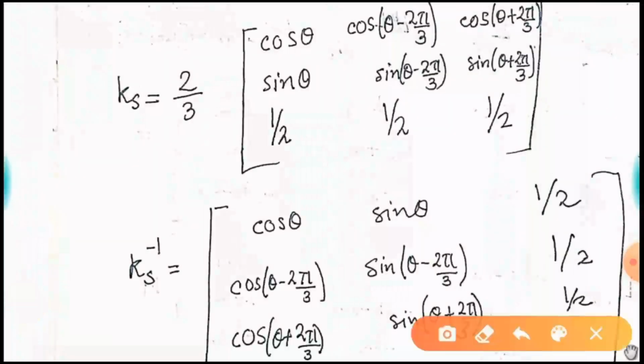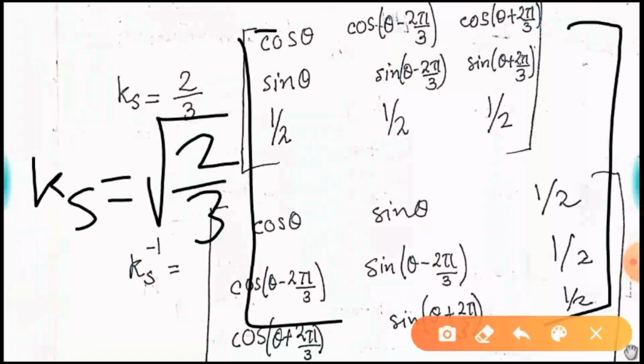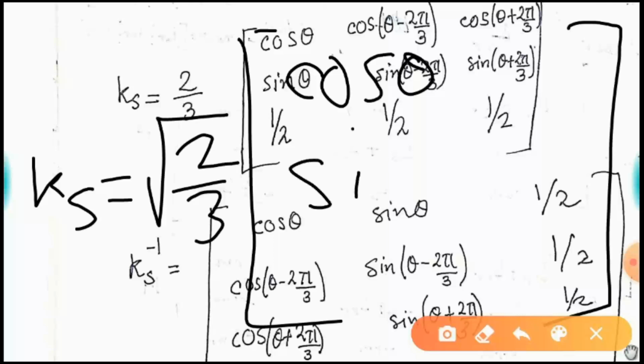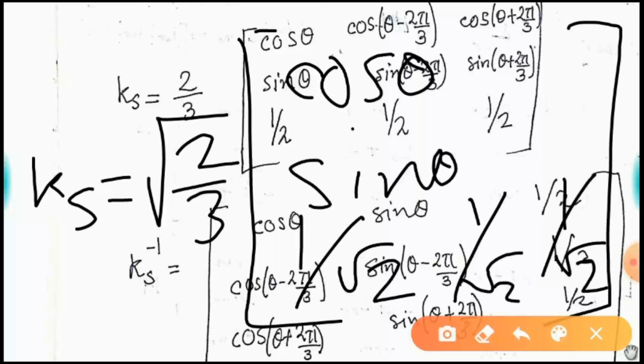You can have a case where the first two rows remain unchanged, like cos theta, sin theta. Only the last row should be changed to 1 by root 2, 1 by root 2, 1 by root 2.